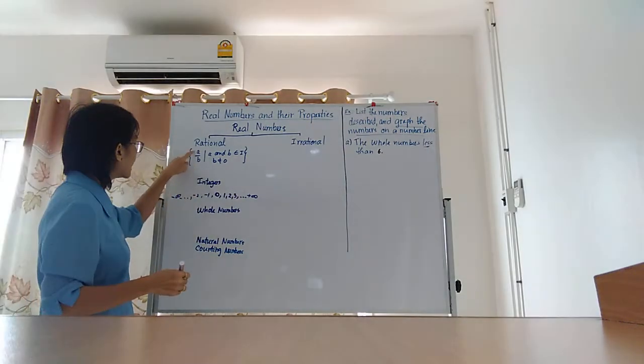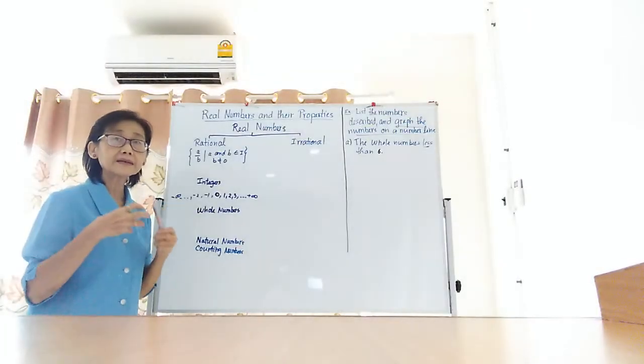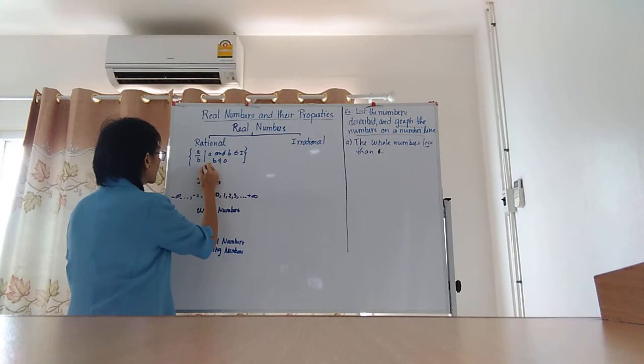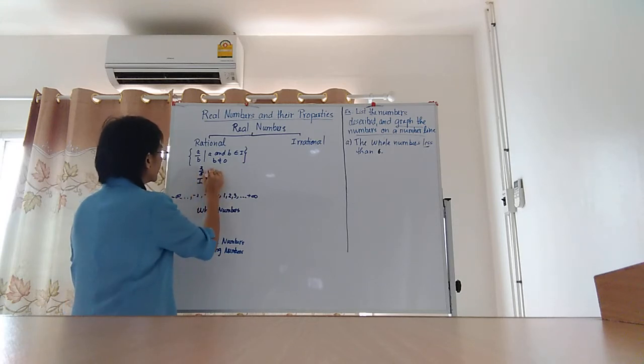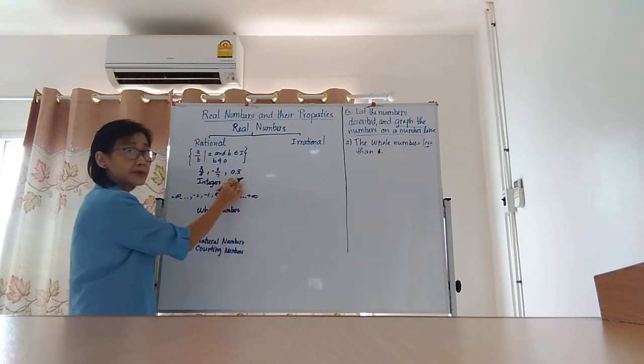So you can see A and B have to be integer numbers, for example, and form it like a fraction. So we have, for example, 2 over 5, or even negative, maybe 6 over 7, or we can write it as a repeating decimal, like 0.3 with a bar.